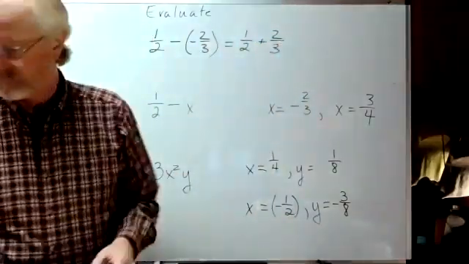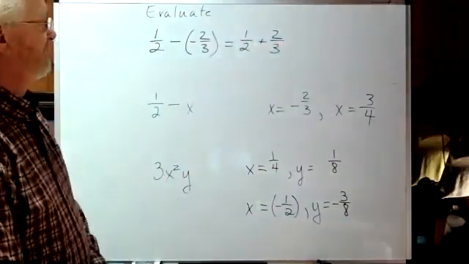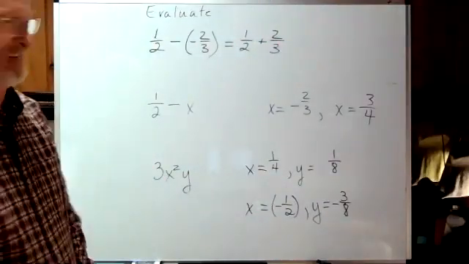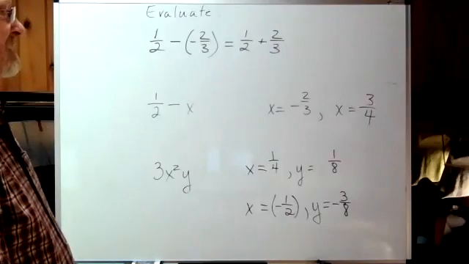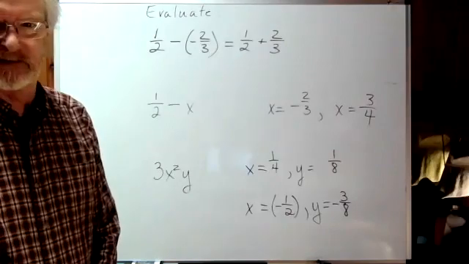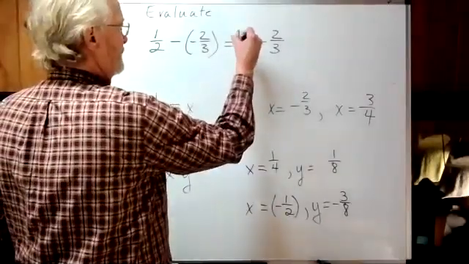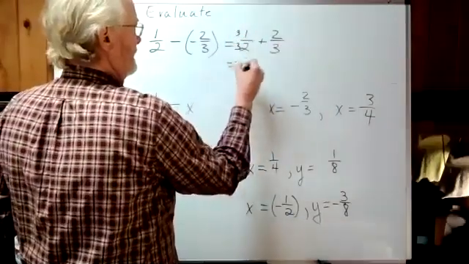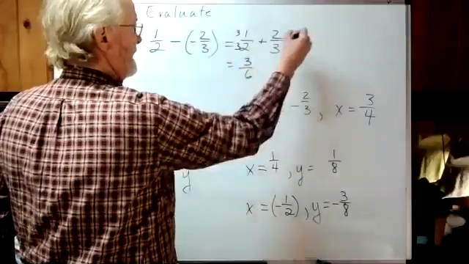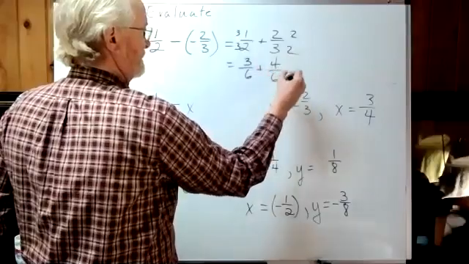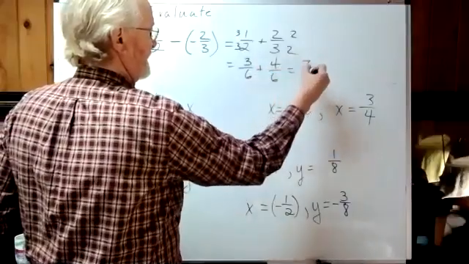That rule still works with fractions too, you know. That almost looks easier. All right, so I need a common denominator. Looks like it's going to be a 6. So 3 over 3 will get me 3/6, and 2 over 2 will get me 4/6, 7/6.